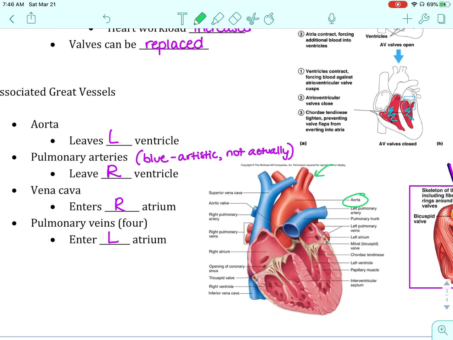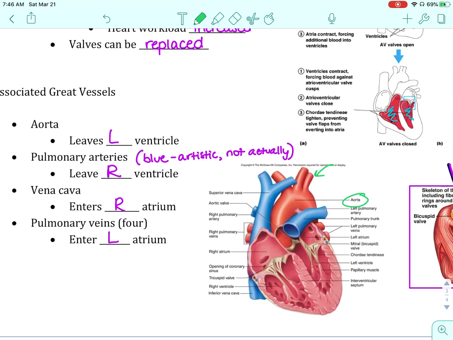Both the pulmonary arteries leave the right ventricle. Those are blue because it's technically deoxygenated blood, so it's going to go to the lungs. It's not actually blue, but artistically it helps us remember what is considered oxygenated and deoxygenated blood.